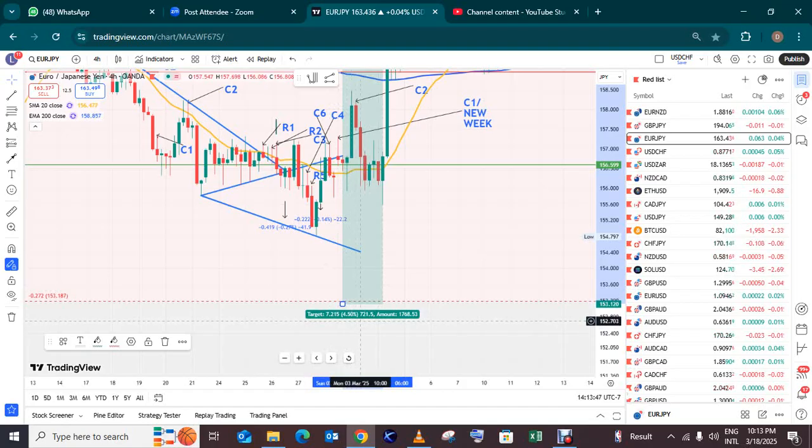So that's the overall TP which we want to be collecting from the market. That's our overall profit, which if the market goes there, that's what we'll be earning. Now I'm going to show you how I calculate and get my TP1, TP2, and also TP3.